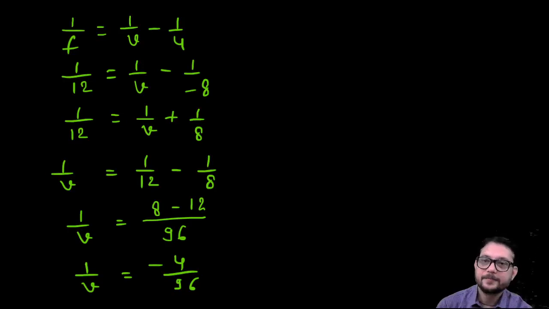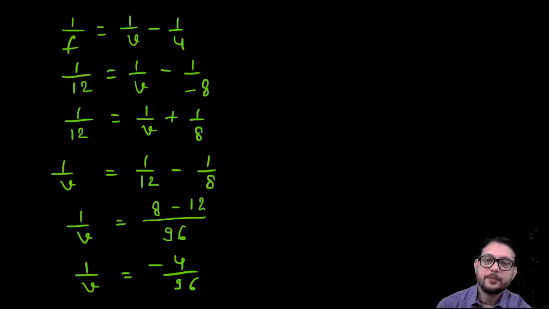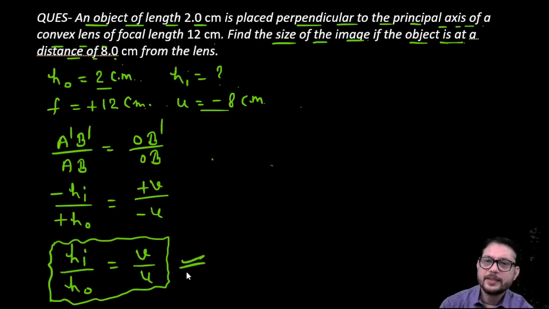Next slide. What we get up to here is 1 by v, which can also be written as minus 1 by 24. So v equals minus 24 centimeters. Now, the equation we have already derived: hi upon ho equals v upon u.